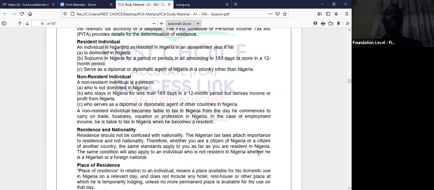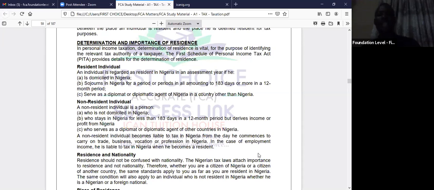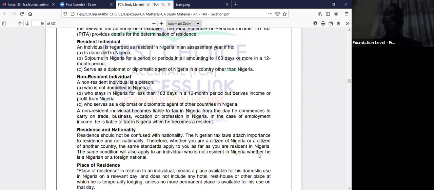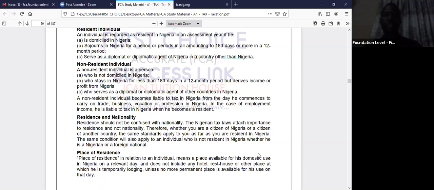Now let's look at residence and nationality. I used the example of our football coach. We are assuming that he is from Germany. That means he's a national of Germany. Now, we should not confuse residence with nationality.